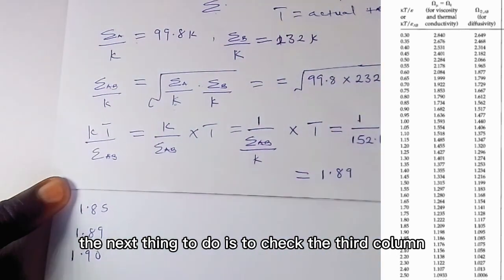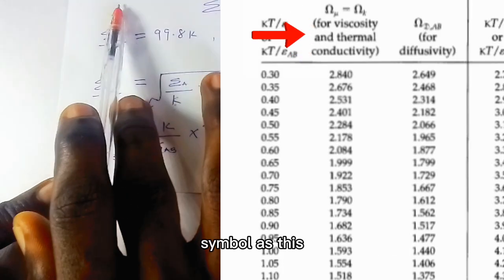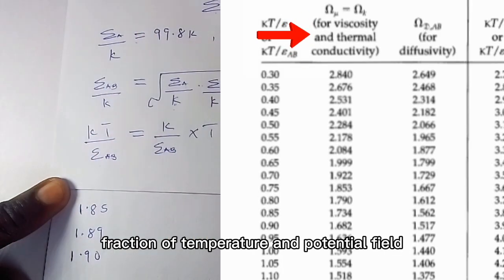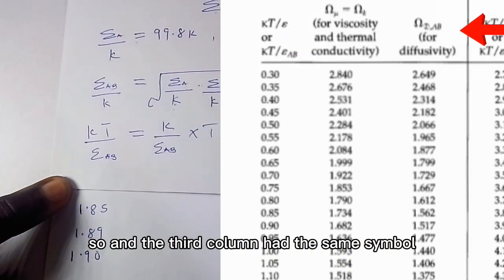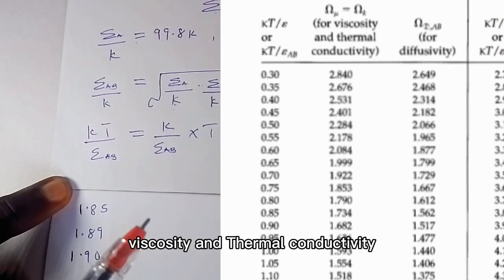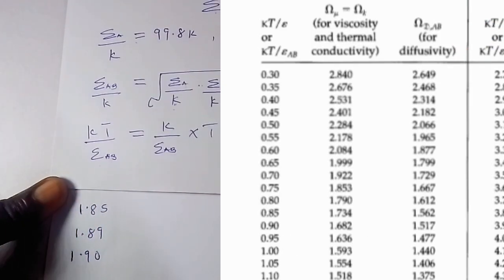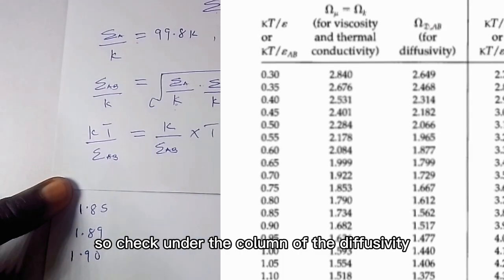The next thing to do is to check the third column. You can see the second column had the same symbol as this function of temperature and potential field, and the third column had the same symbol. The second one is for viscosity and thermal conductivity, while the third one is for diffusivity. So check under the column of diffusivity.